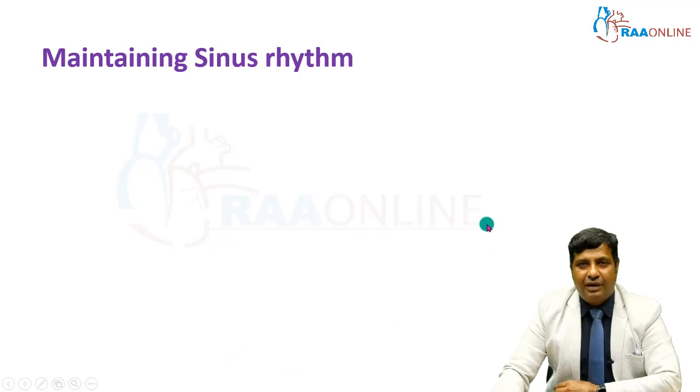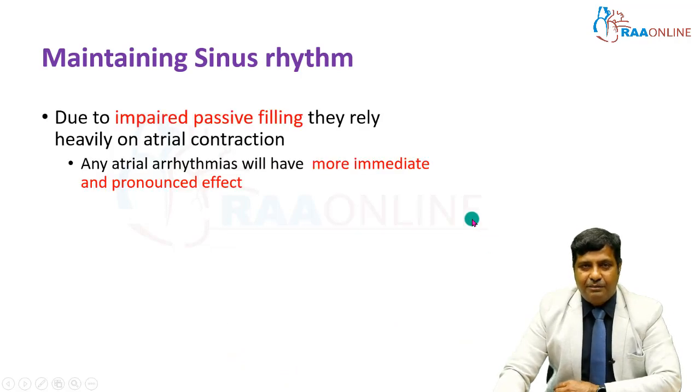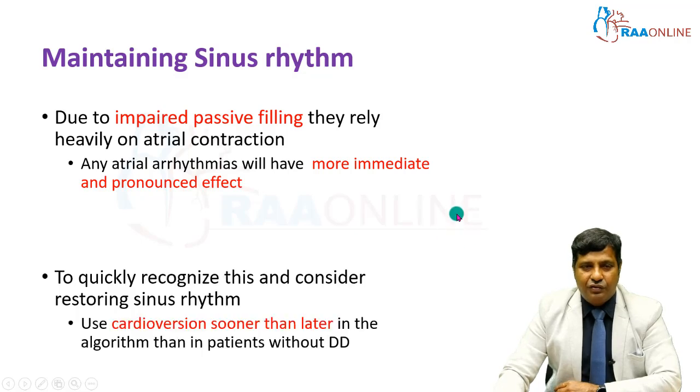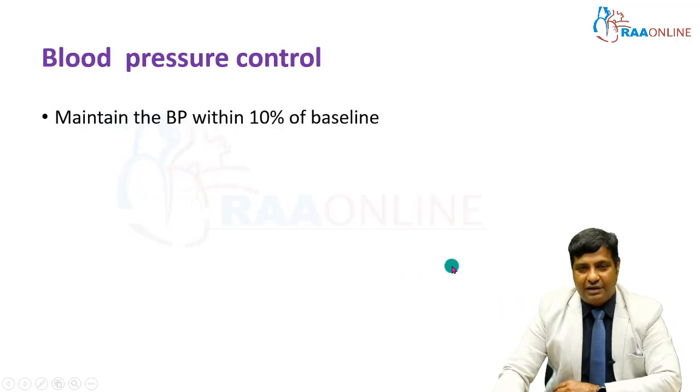The second important point is sinus rhythm. These patients are dependent mostly on atrial contraction. As a result, any atrial arrhythmia is going to have an immediate and pronounced effect. So make sure it is recognized at the earliest, and you should have a lower threshold for cardioversion than in patients without diastolic dysfunction.